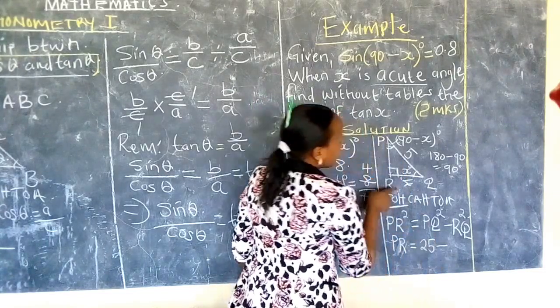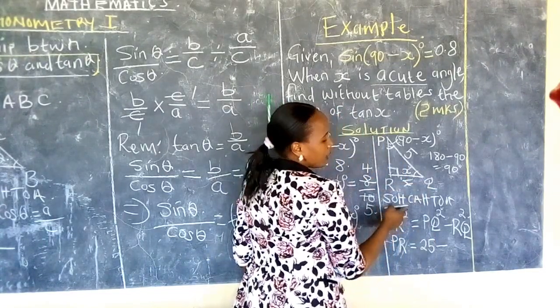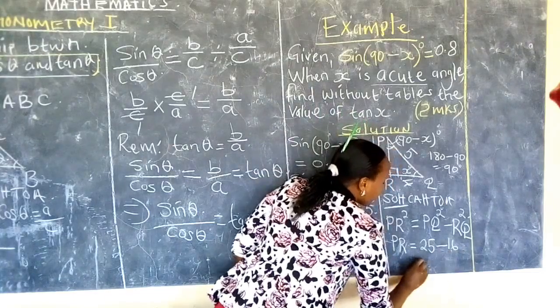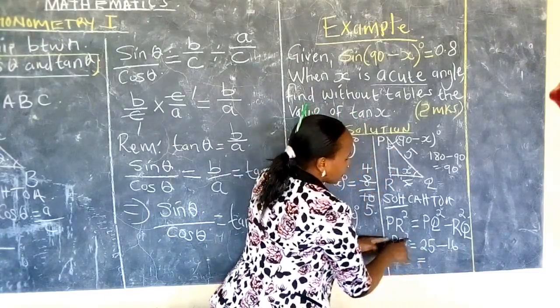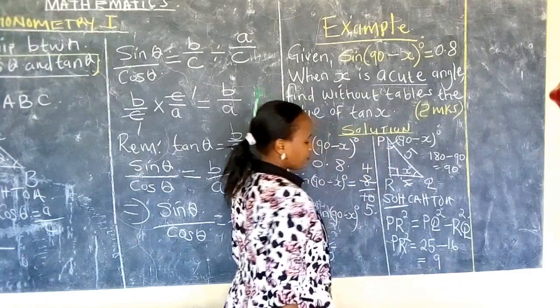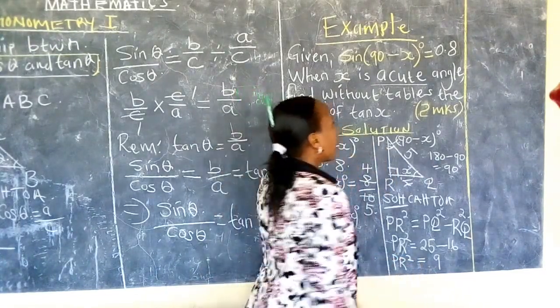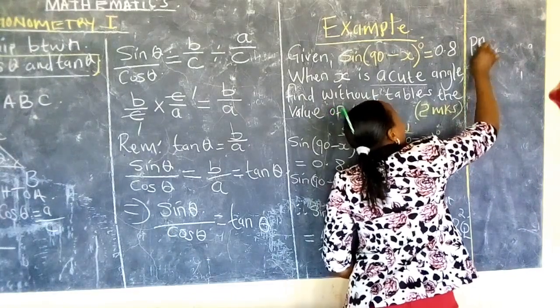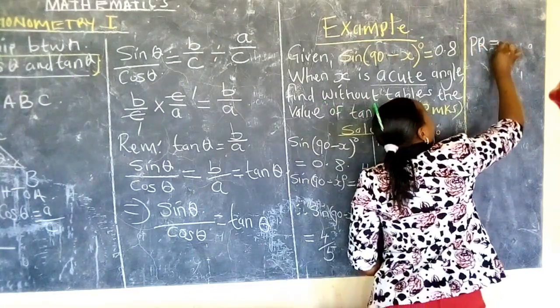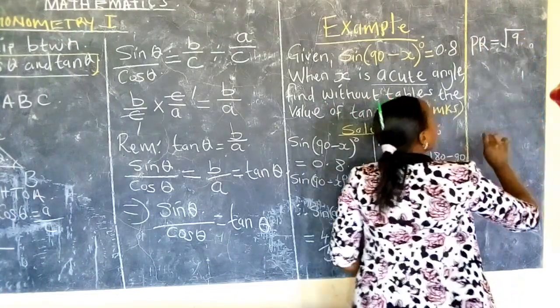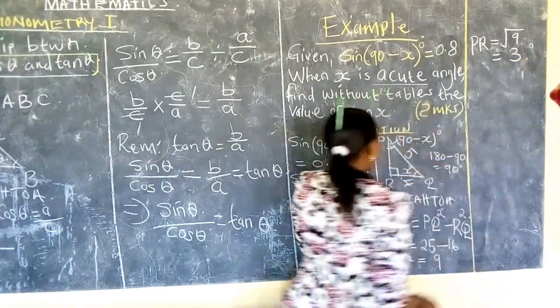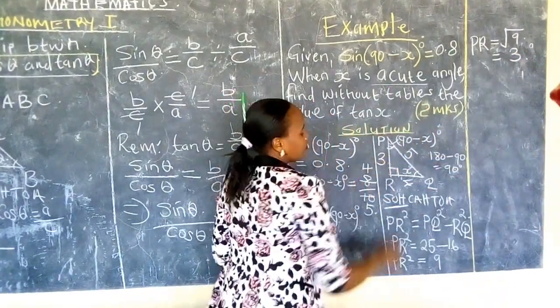We subtract RQ squared, which is 16. Then we get PR squared as 9. We are interested in the value of PR, so PR is the square root of 9, and this is 3. So this side is 3.